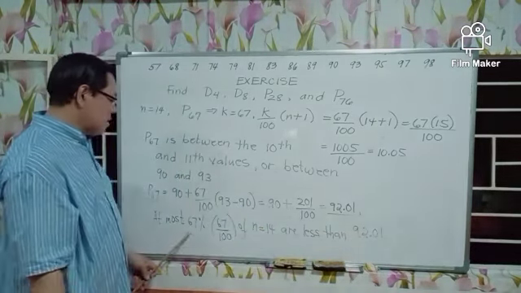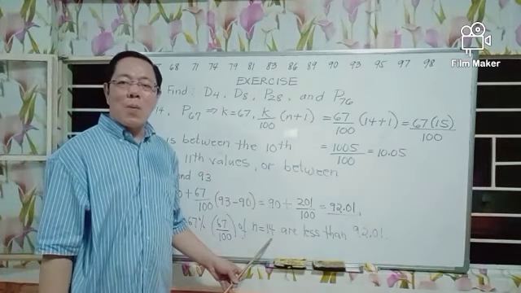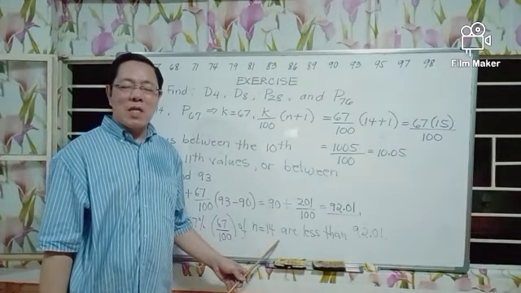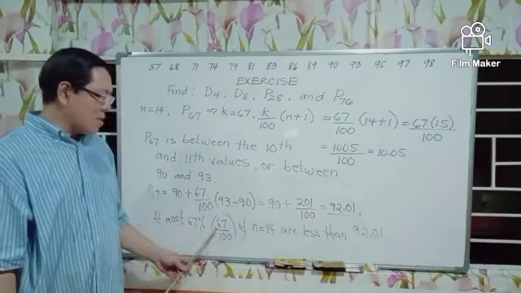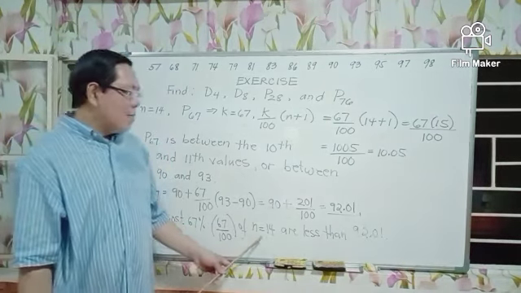Hence, we multiply 67% by 14, or 0.67 multiplied by 14, or you can also multiply 67 over 100 by 14.